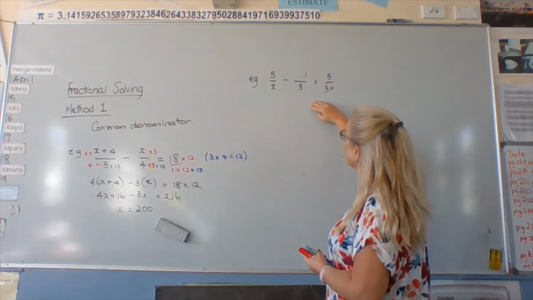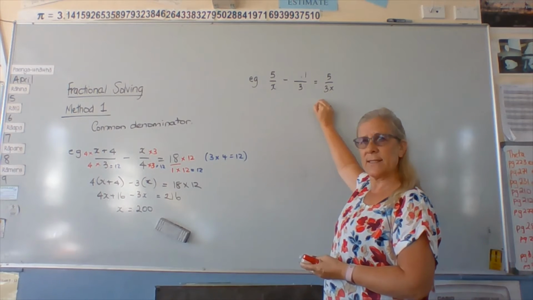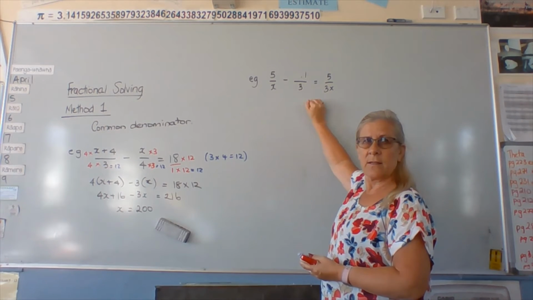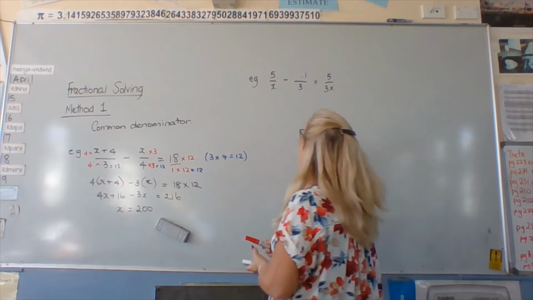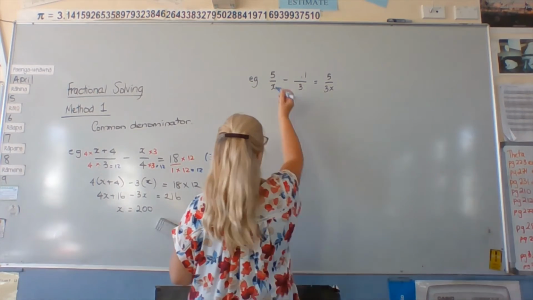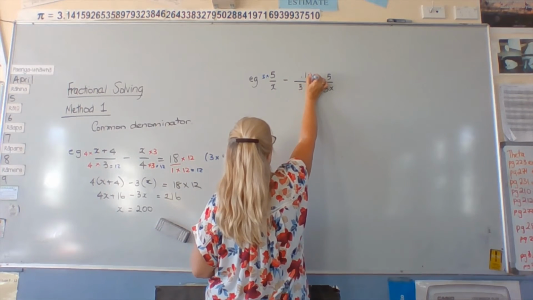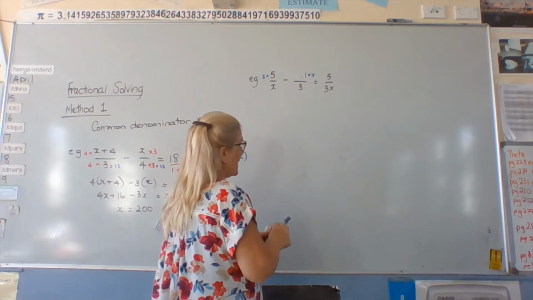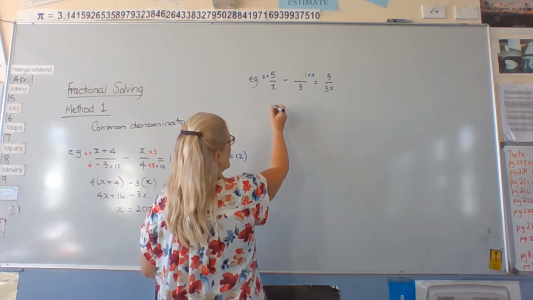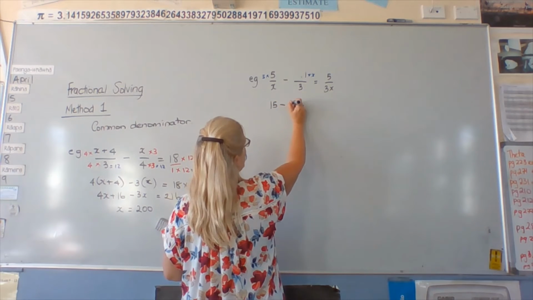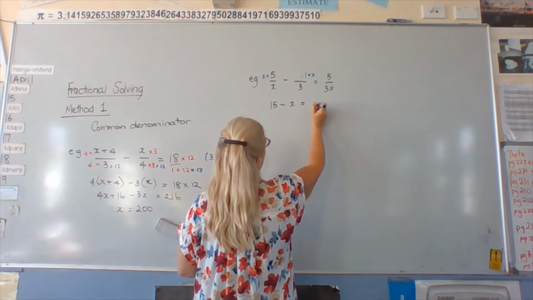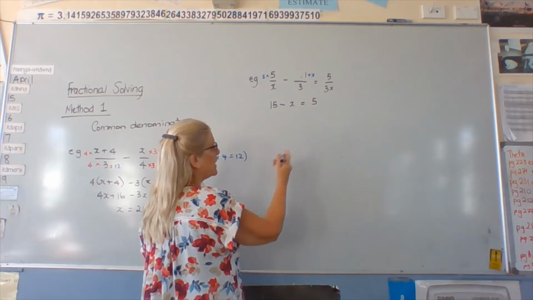So in this case, our common denominator is 3x. So to put this one over 3x, we've got to multiply by 3, this one by x, and what do we get? We get 15 minus x equals 5. They're now all 3x.